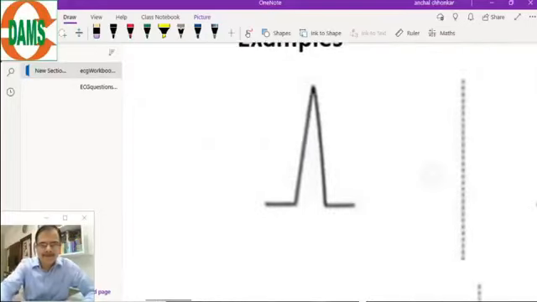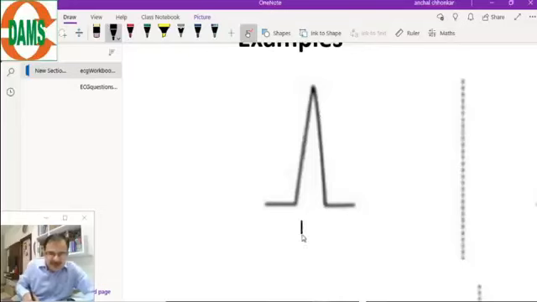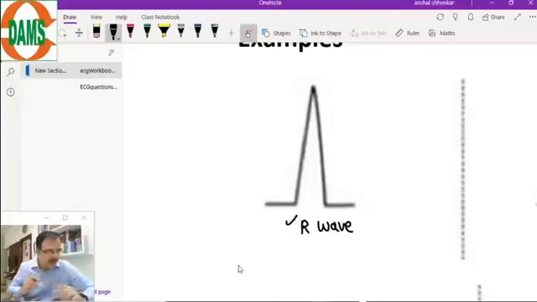What will you call this? Only the first positive wave is there. So yes, correct answer, R wave. Correct. This is R wave.